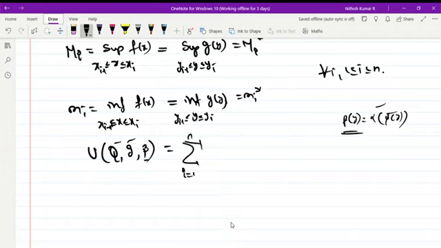So it is nothing but the summation i equal to 1 to n of capital Mi star into delta beta i.